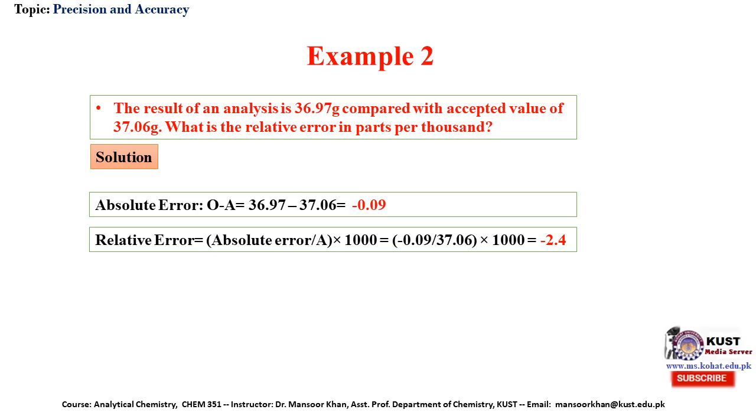The relative error, we know, is equal to the absolute error divided by accepted value multiplied by 1000, as we want to determine the relative error in parts per 1000. Therefore, putting in the values, we obtained the value of relative error as minus 2.4.